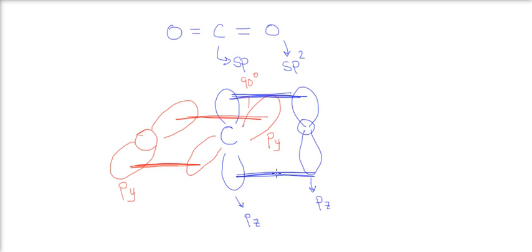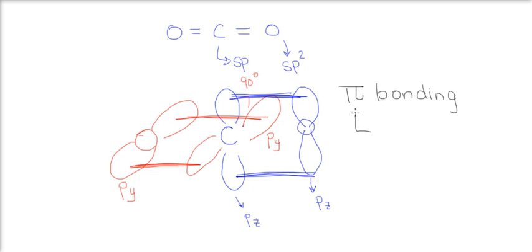And this overlap of p orbitals sideways like this in a parallel fashion is known or referred to as pi bonding. The letter pi. This is pi bonding.